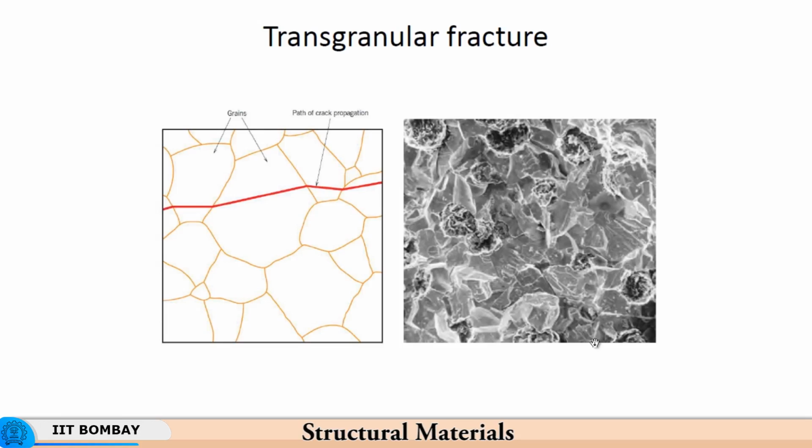So, when you have the shear lip type of formation, then although the fracture is transgranular, it will still not have sufficient ductile features or features indicating a significant amount of ductility. But on the other hand, you look here, so these features refer to dimples which were generated as the material behaved in a ductile manner.